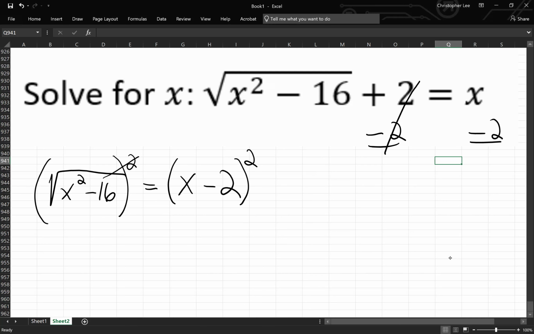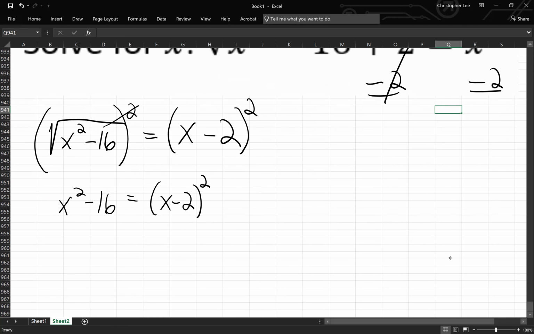The square root and the square root cancel out, leaving back x squared minus 16 is equal to x minus 2 squared. On the right-hand side, you want to expand that. So this is going to be x squared minus 16 is equal to x squared minus 4x plus 4.